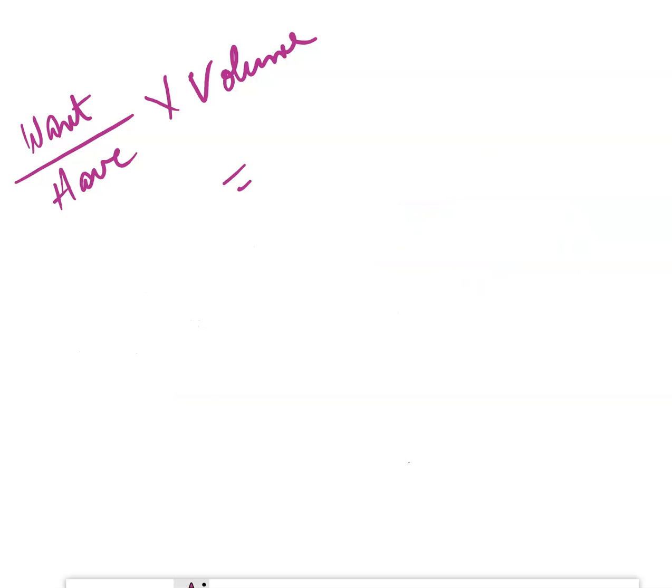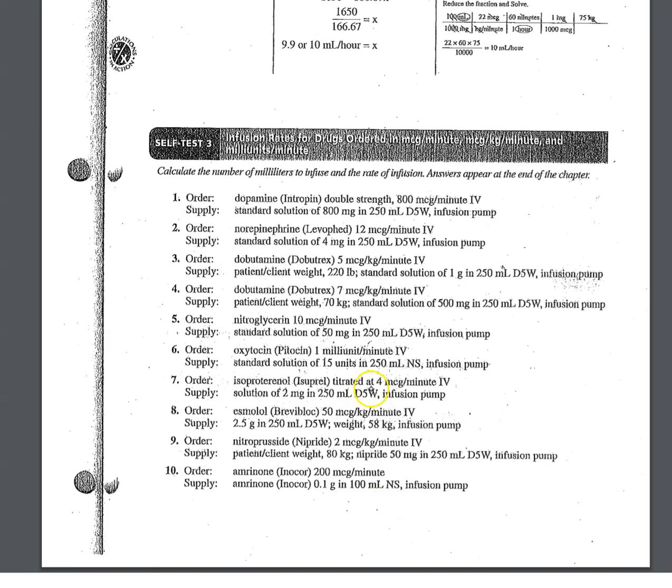And then for number 3, the reason why I wanted to do at least a couple of these is because this one actually is 5 mics per kilogram per minute. The actual patient weighs 220 pounds, which 220 divided by 2.2 comes to 100 kilograms. So now at this point you've got 5 mics per 100 kilograms per minute. What they actually sent you was 1 gram and 250 ml. So I'm going to convert the micrograms into grams.